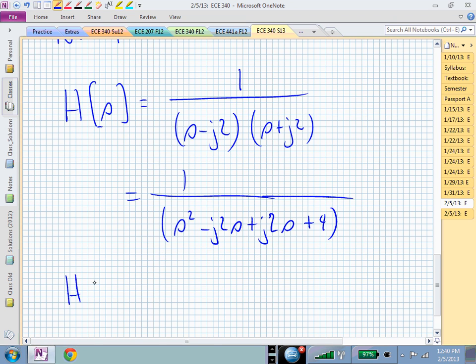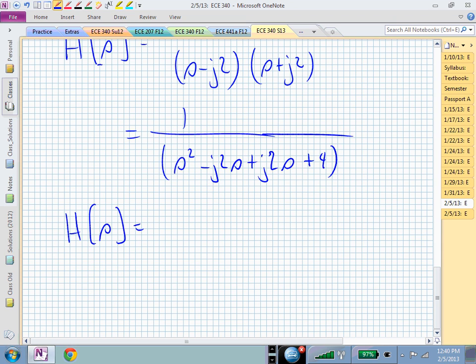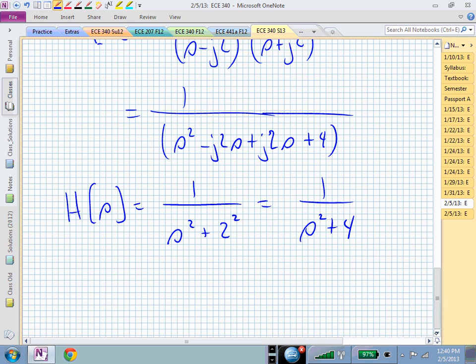And now our H of s, this system that has two poles on the imaginary axis, has purely imaginary poles. H of s is 1 over s squared plus 4.